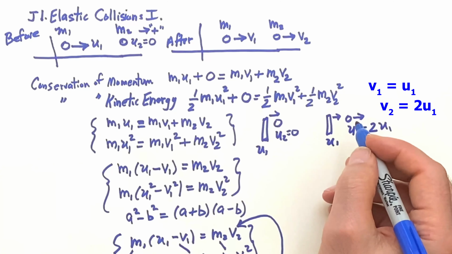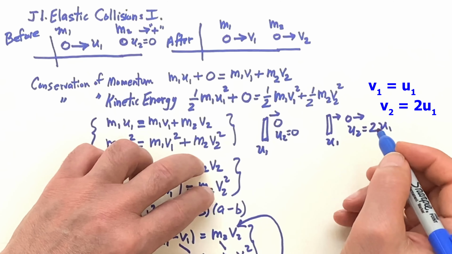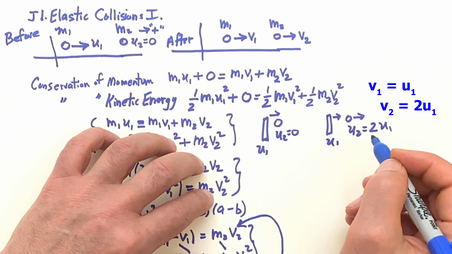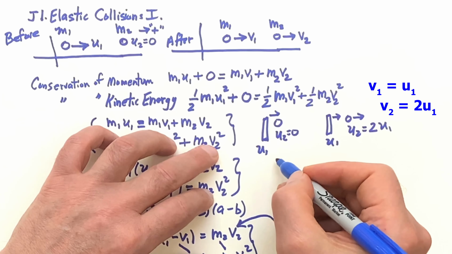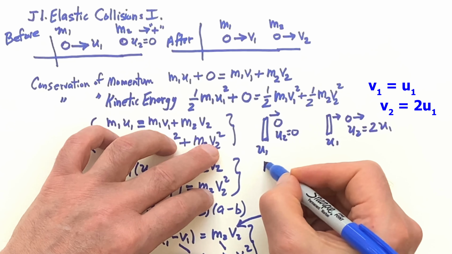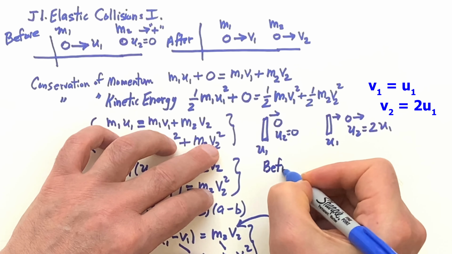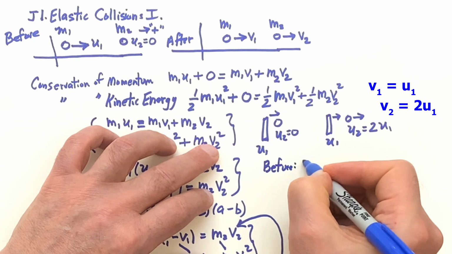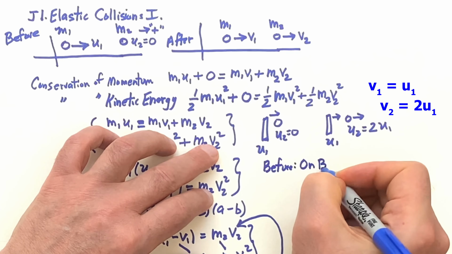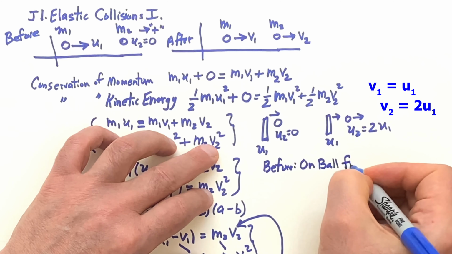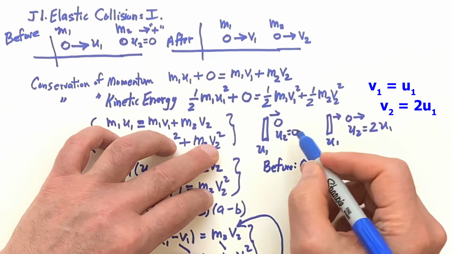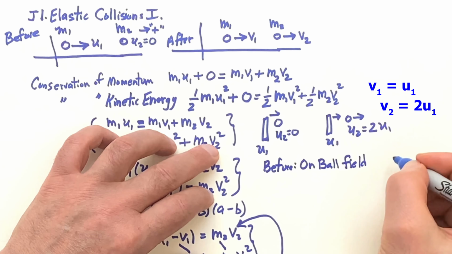Now here's a way to think about this. We're going to do this by a transformation of reference frames. We're going to consider, for example, what happens before on the ball field. If you're on the ball field, this is what happens.